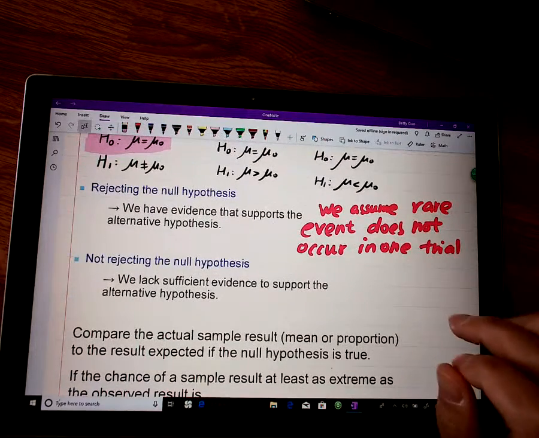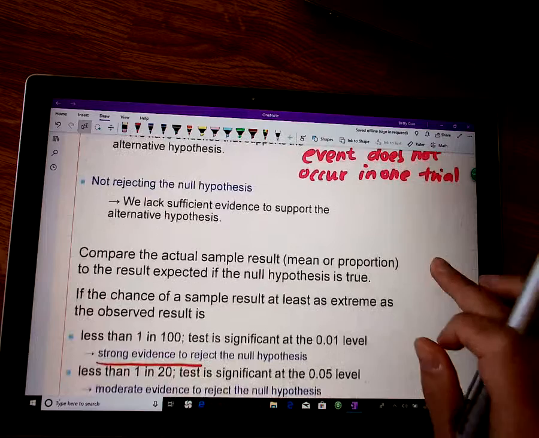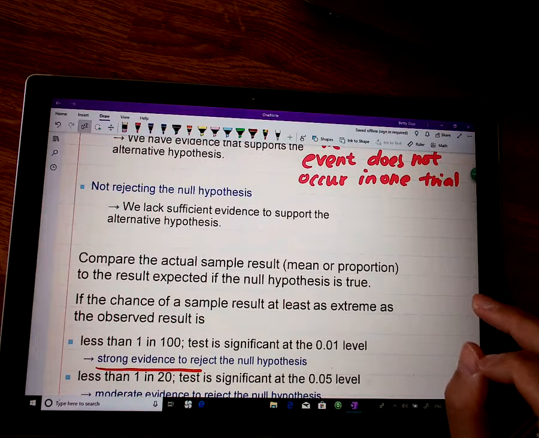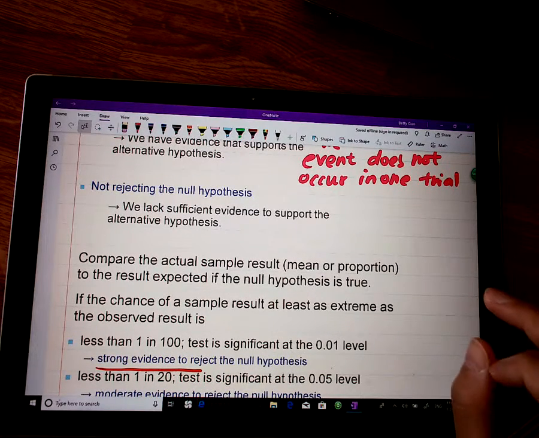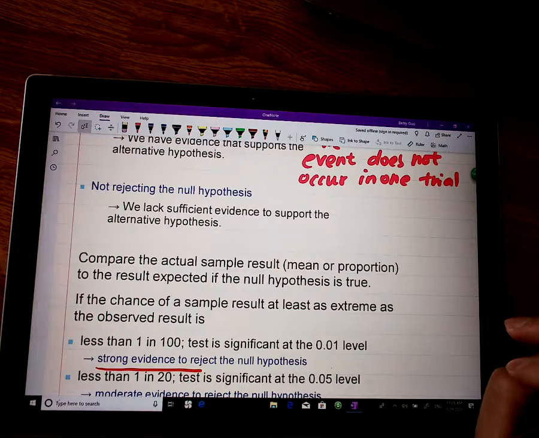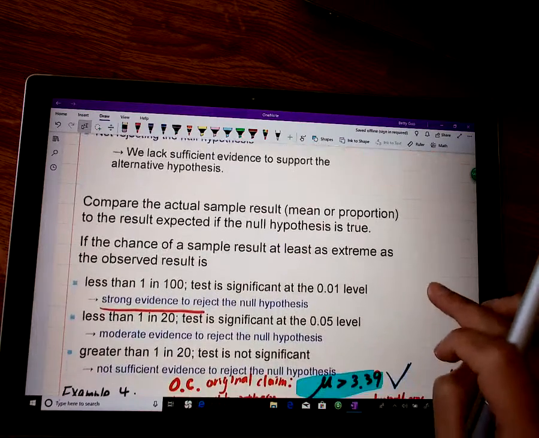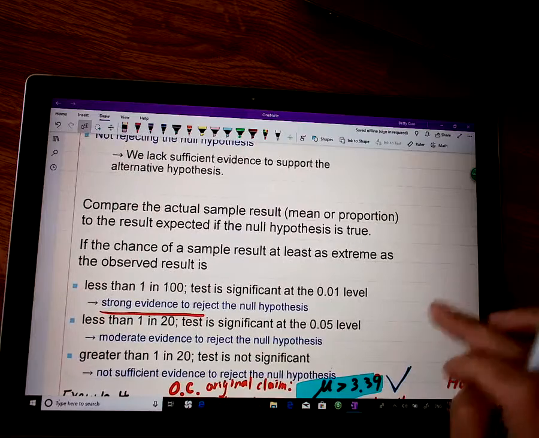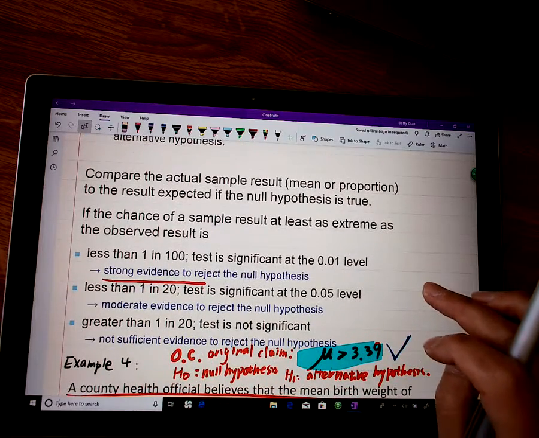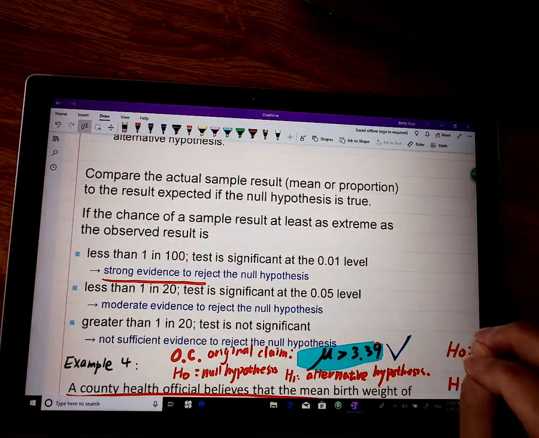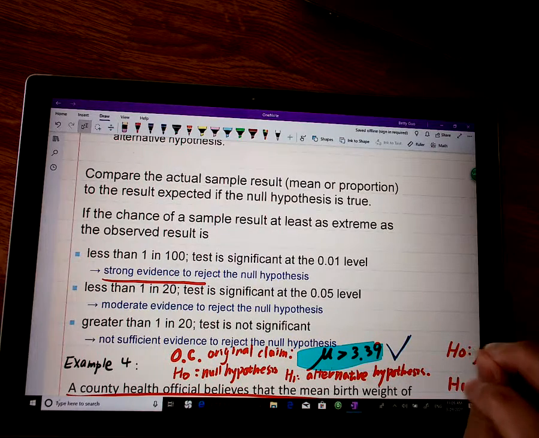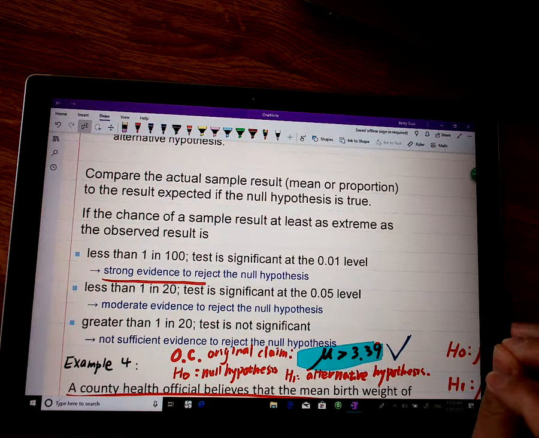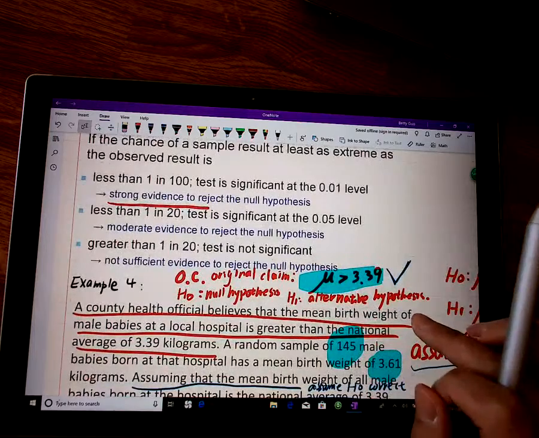Because the null and the alternative are opposite, right? If you are positive about the null, then you are negative about the alternative, vice versa. So let's see this example.